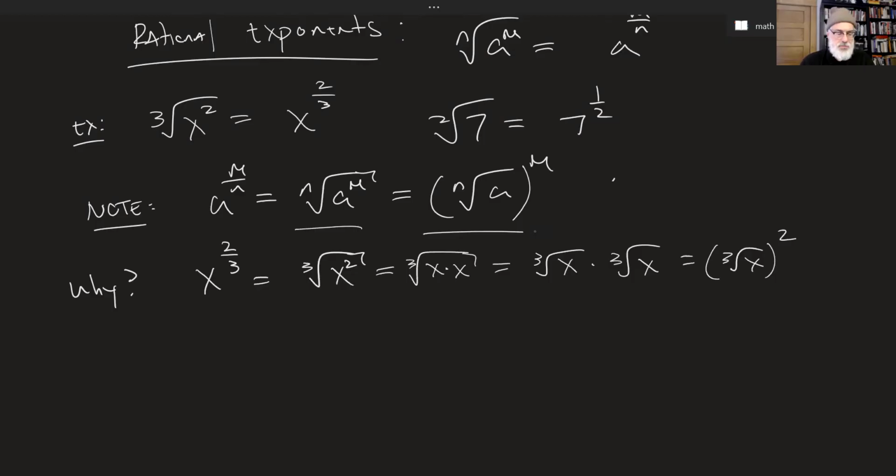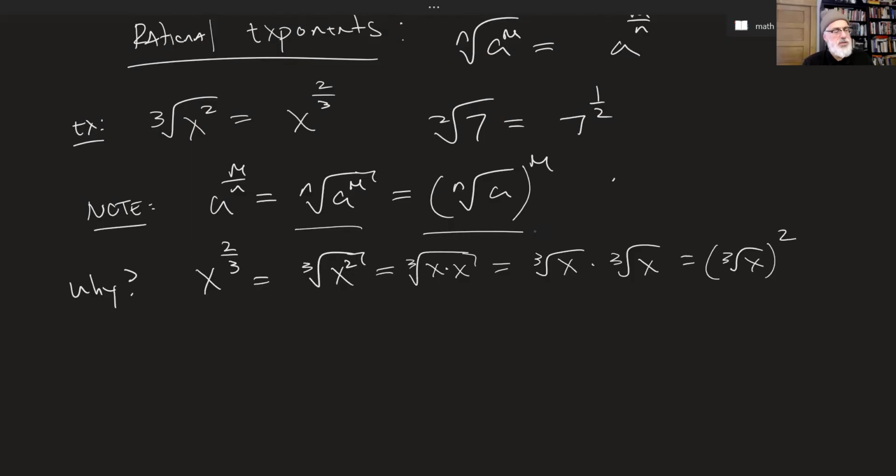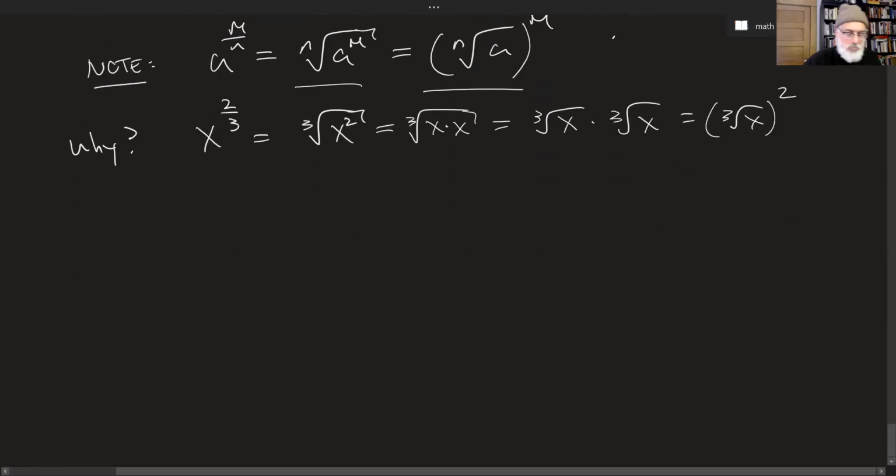And sometimes it's much easier to write the external square than the internal square, depending on what it is you're trying to do or simplify. So let's look at a case where that might be true. Another example. Say we have 343 to the 2/3 power. And we want to know, what is this number?